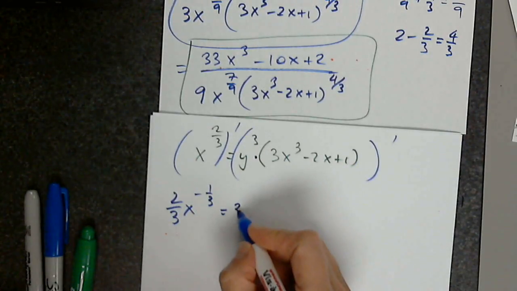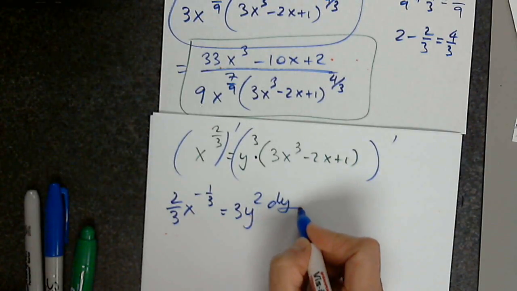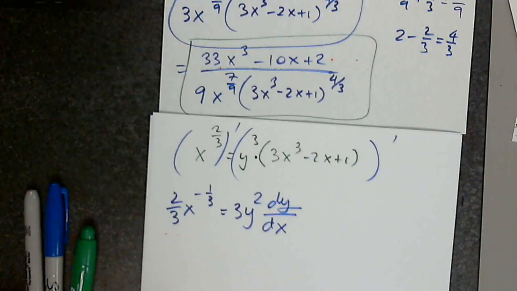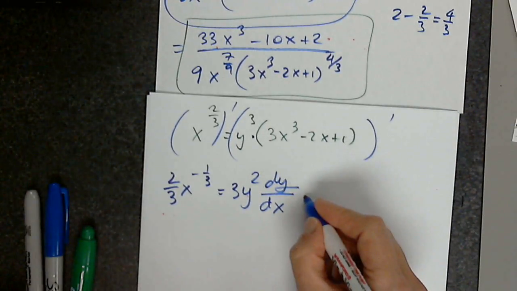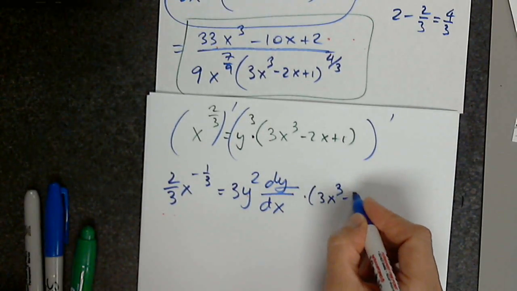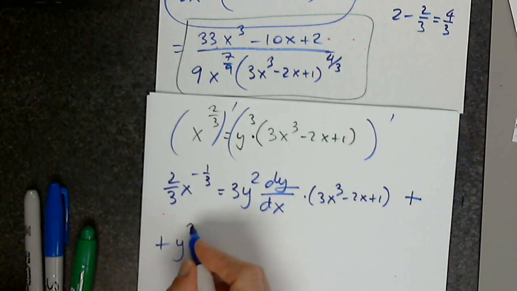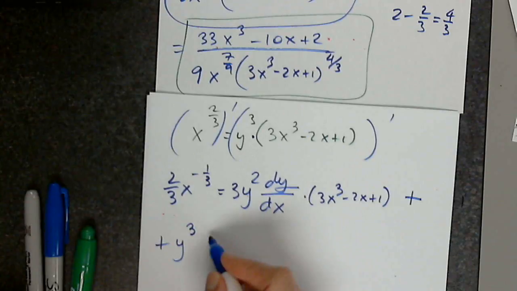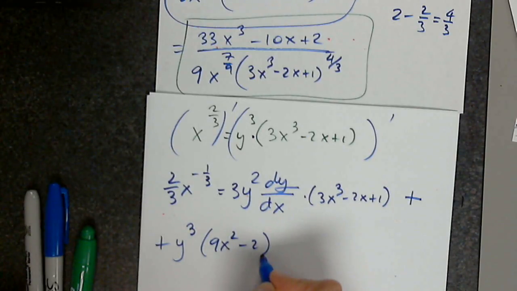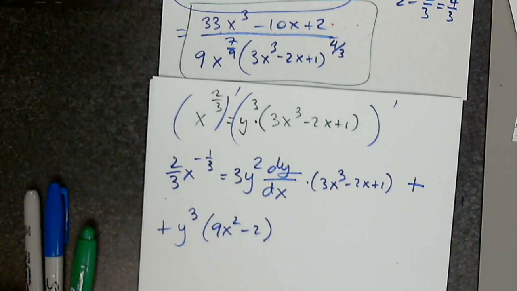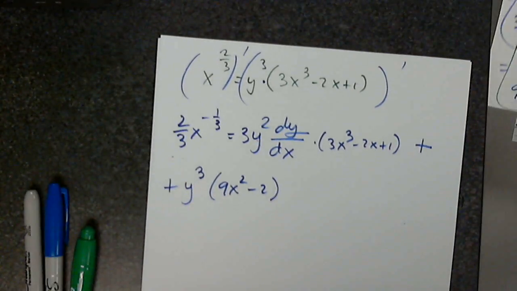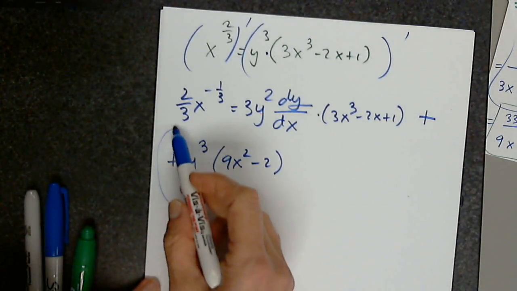I differentiate 3y squared dy over dx times the second function, 3x cubed minus 2x plus 1, and plus y to the third, and now I differentiate this, which is 9x squared minus 2. So all I have to do is just move this to the other side.